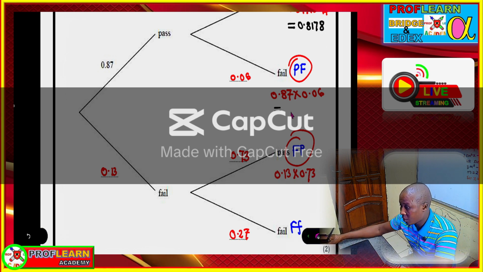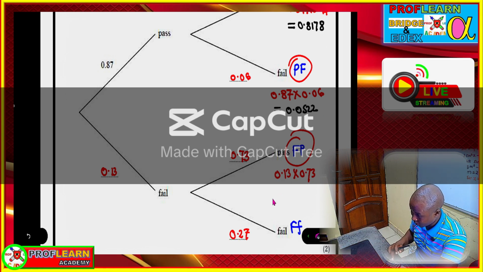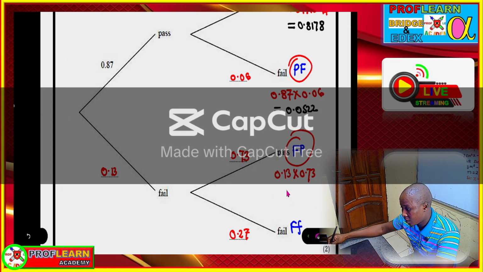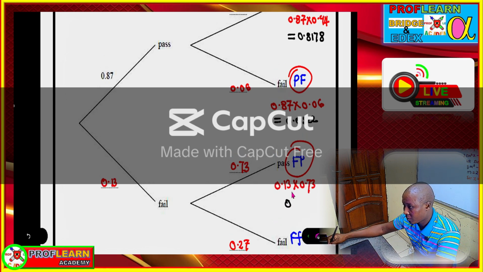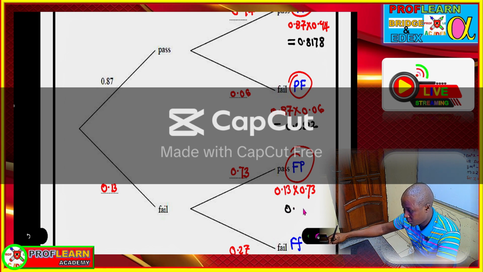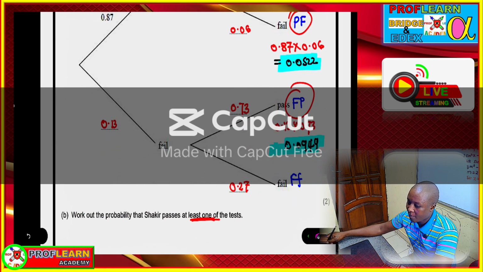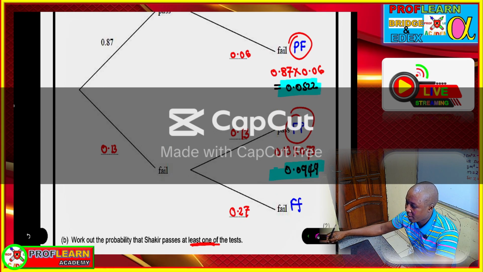This is going to give us 0.0522, and the last one here is 0.13 times 0.73, which translates to 0.0949. So now we are going to add these together in order to get the total probability that he passes at least one test.